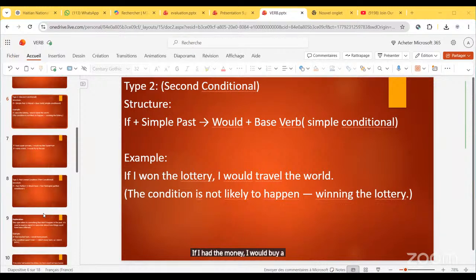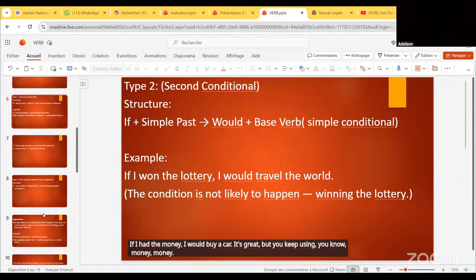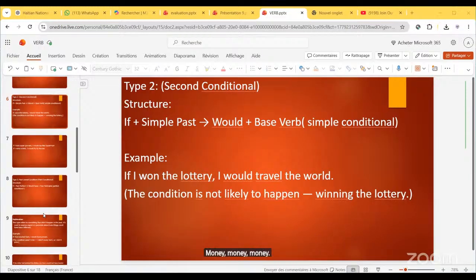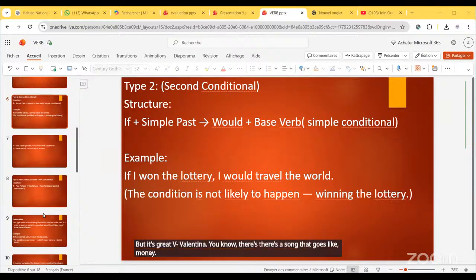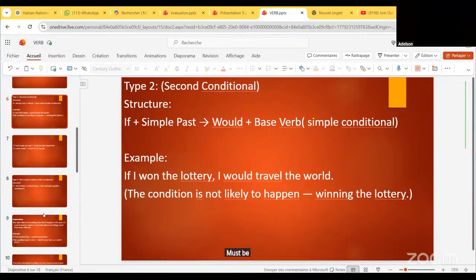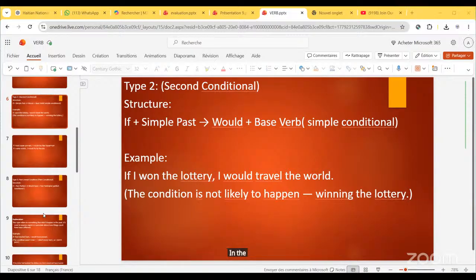It's great, but you keep using money. Money, money, great, Valentina. There's a song that goes like, money, money, must be funny in a rich man's world. So it's great, Valentina, okay?